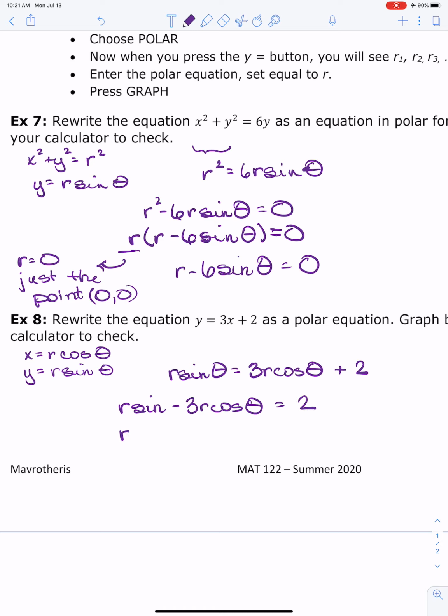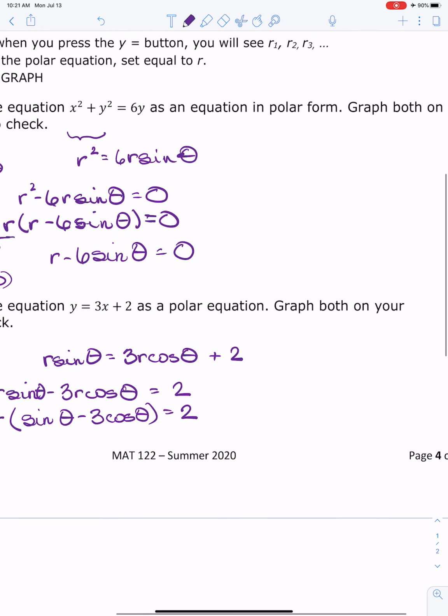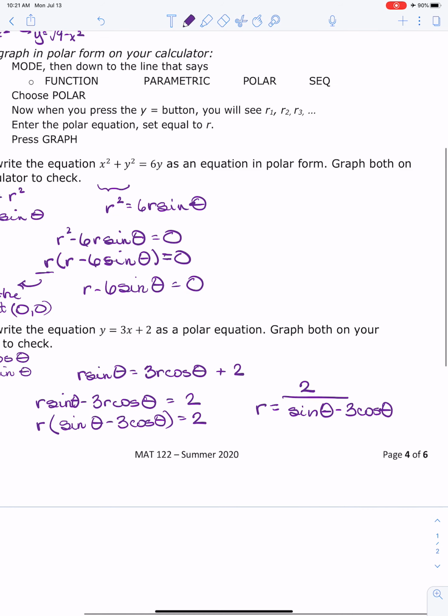I can now factor out my r. I get r times sine theta minus 3 cosine theta equals 2. I can divide both sides by sine theta minus 3 cosine theta. And I get r equals 2 over sine theta minus 3 cosine theta.